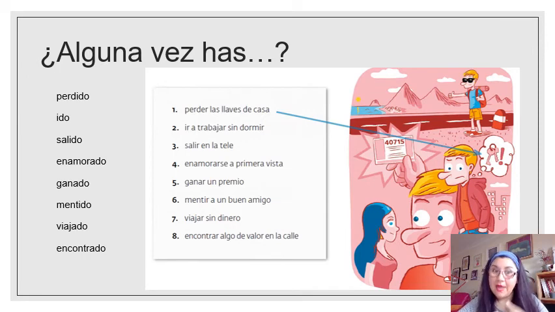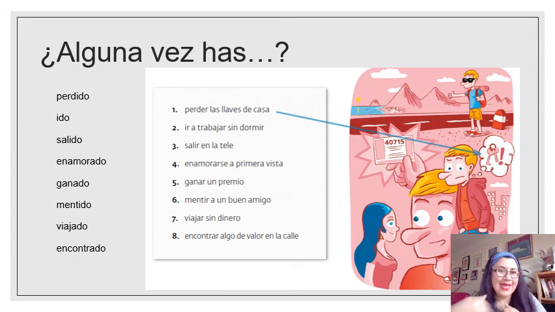Yo nunca he perdido las llaves de casa. Yo nunca he ido a trabajar sin dormir. Yo nunca he salido en la tele. What about enamorarse? It's reflexive, and now it's yo. What's the particle for yo? Me. Muy bien. Yo nunca me he enamorado a primera vista.